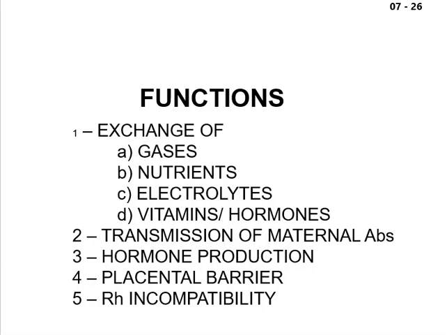Also, we have the placental barrier. So the fetal blood and maternal blood do not mix directly. Also, it is the area where Rh incompatibility appears. So we can have these factors different between maternal and fetal blood without interruption.